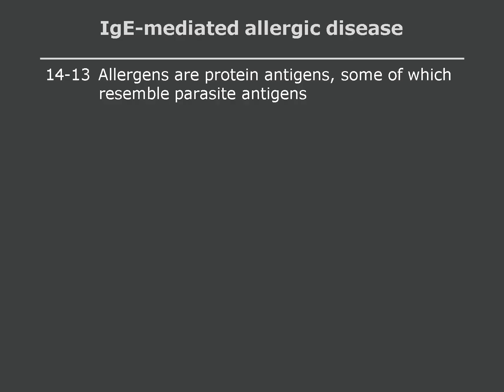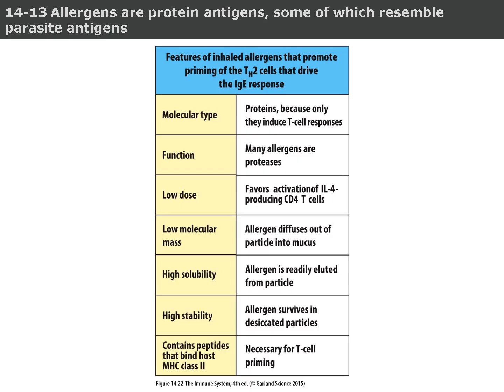Allergens are protein antigens, some of which resemble parasite antigens. This chart explains features of inhaled allergens that promote priming of T helper 2 cells that drive the immunoglobulin E response. Allergens are proteins because only proteins can induce T cell responses. Many allergens act as proteases. A low dose favors activation of interleukin-4 producing CD4 T cells.